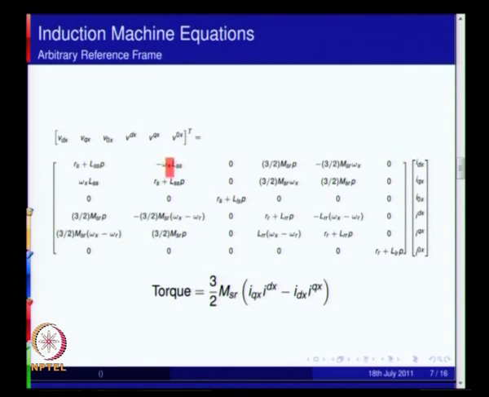If you put omega x equal to omega s, that is the synchronous speed, then you have speed EMF terms here. This term omega s minus omega r now becomes a slip dependent term. Omega s minus omega r is nothing but slip times omega s.